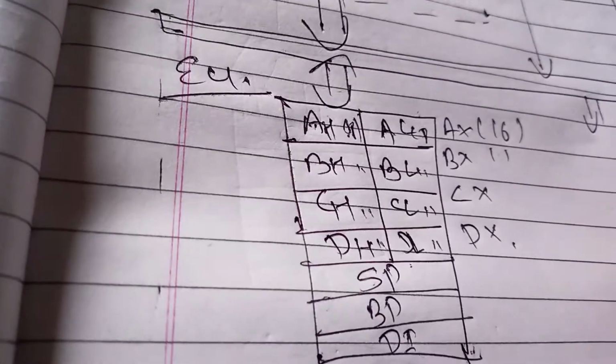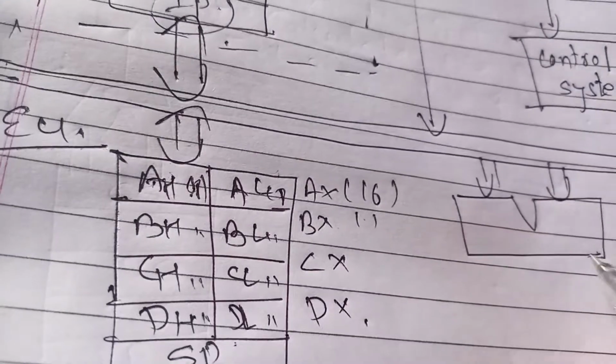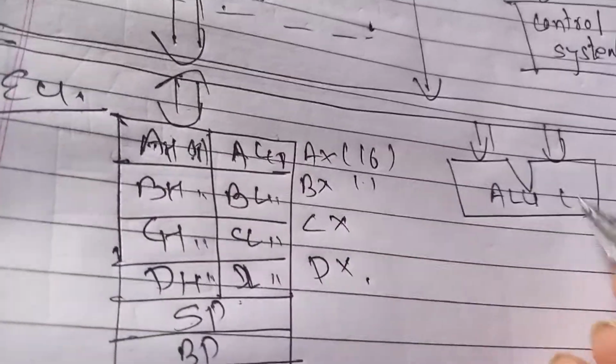Similarly, B and the others will be 8 bits each, and here you will find SP, BP, SI and DI. From here data will be moved towards the ALU, and this ALU will be 16 bit.